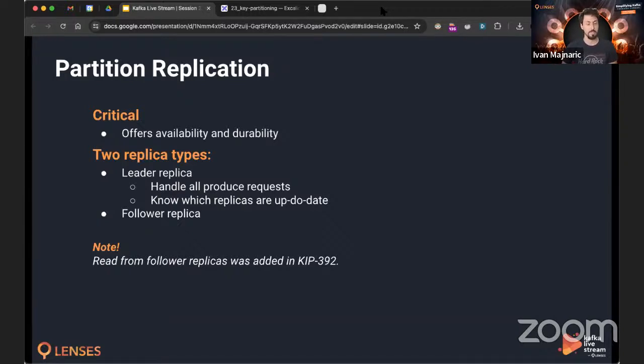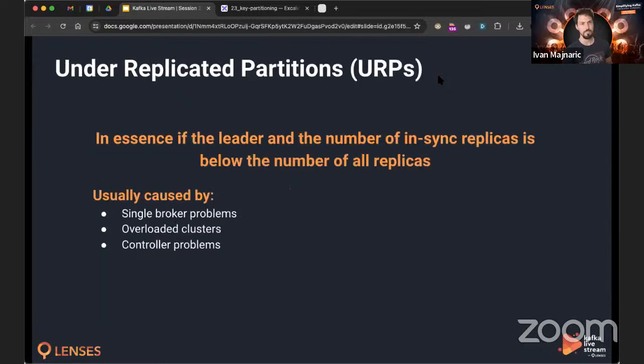Now that we have everything we wanted to mention and elaborate on, it's a good moment to start with mentioning what under-replicated partitions are.